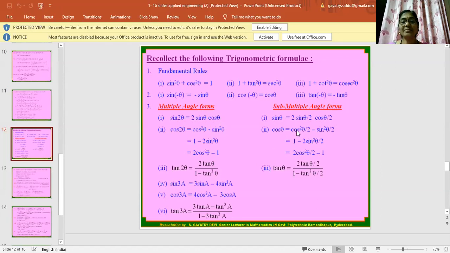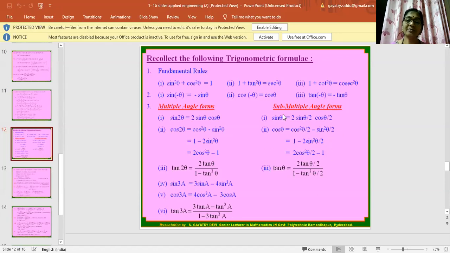Cos theta equal to cos square theta by 2 minus sin square theta by 2, which is equal to 1 minus 2 sin square theta by 2, which is equal to 2 cos square theta by 2 minus 1. Similarly, tan theta is expressed as 2 tan theta by 2 by 1 minus tan square theta by 2. From these, you can form sin theta by 2, and similarly cos theta by 2, like that also you can express.